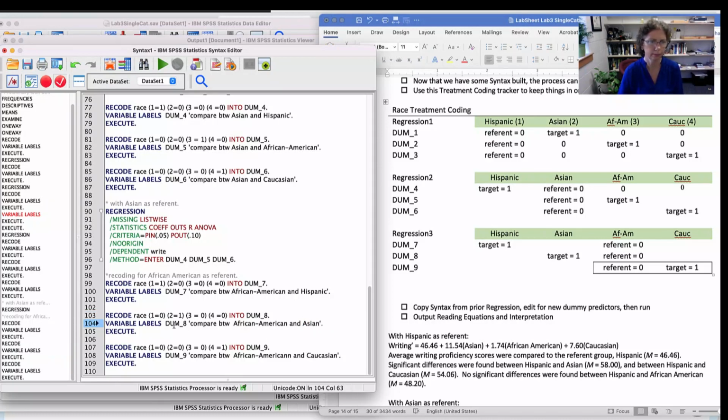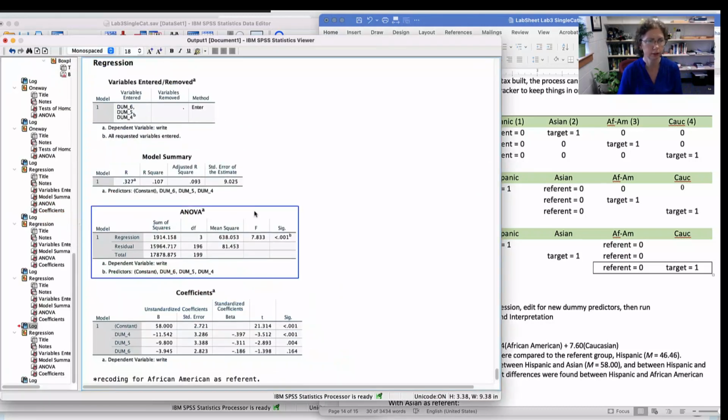There we go. And then the last one, dum9, 0, 0, 0, 1, 0, 0, 0, 1 to dum9 between African American and Caucasian. There we go. So there's the set of three dummy codes I need for the last regression.